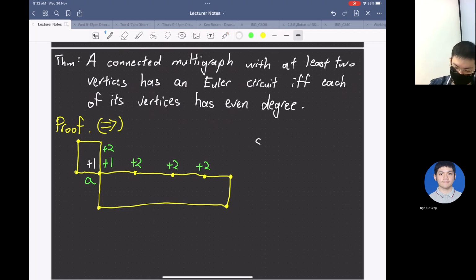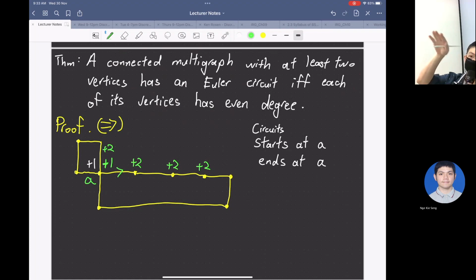Okay, let me repeat again and then see which part doesn't make sense. Let's say the circuit starts at vertex A, and of course it needs to end at the same place. When you start here, you get a +1 degree because you go out from A. And then each time you pass through a vertex, you get a +2 to the vertex, because you go in +1, go out +1.